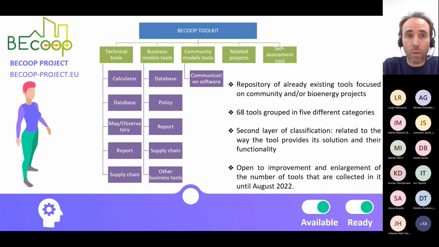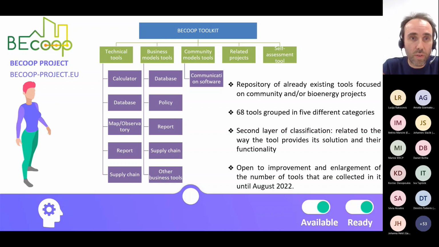Right now in the toolkit, we have 68 tools that are grouped in 5 different categories. As you can see, there are technical tools, business model tools, community model tools, also related projects that are based on the same goal as BECoop, and also the self-assessment tool that we have developed in BECoop, and we will explain later. Inside each category, you have a second layer of classification.